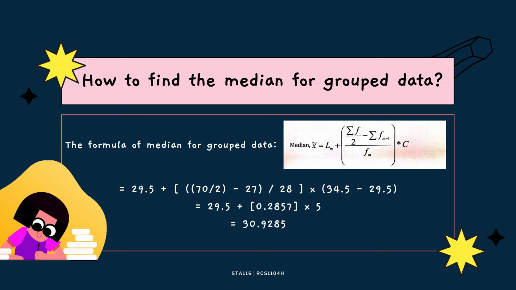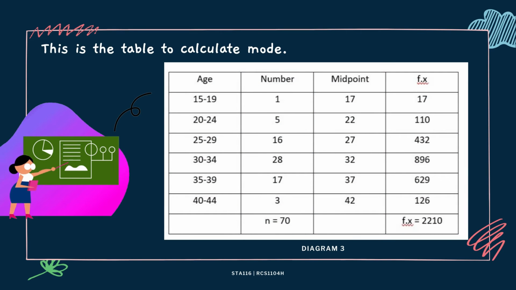Then multiply with the class width, which is the lower class boundary after minus the lower class boundary before. You can choose any, then just solve and we will get the answer, which is 30.9285.